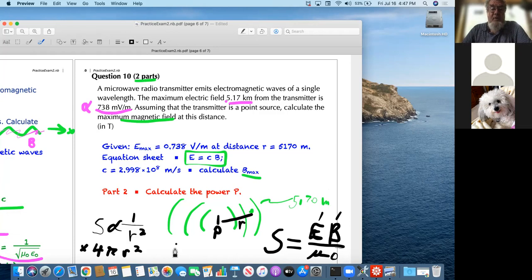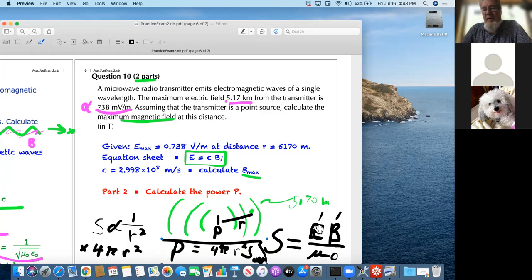You probably want to say the power is 4 pi r squared times the average energy flux.